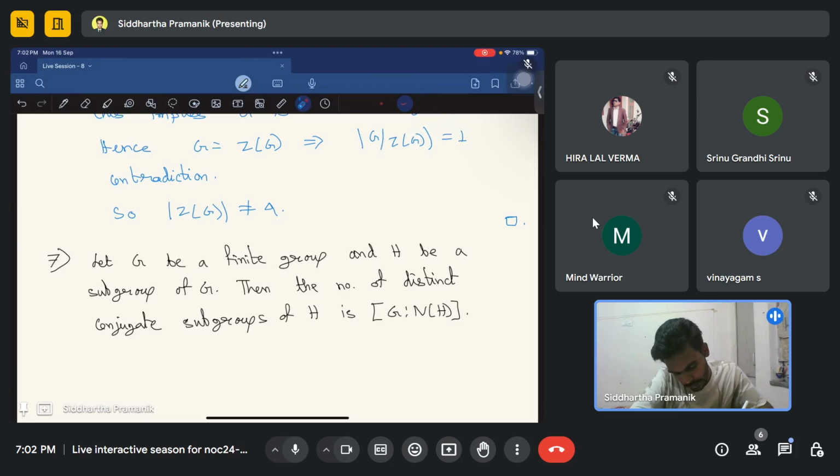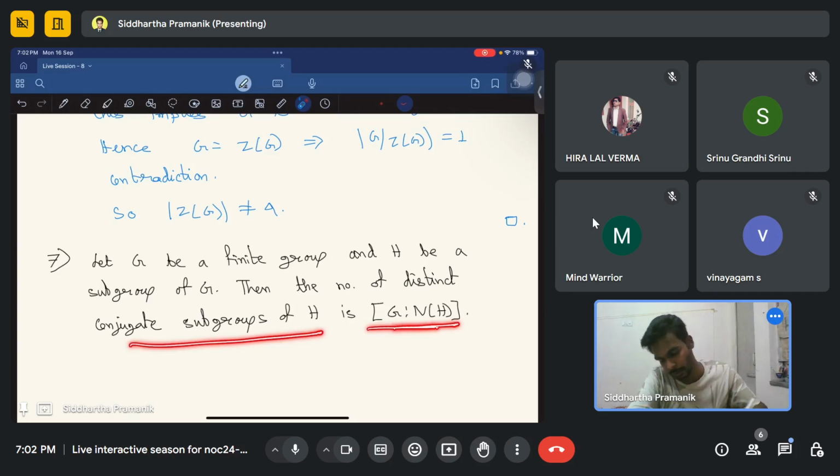The number of conjugate subgroups of H is equal to the index of NH in G. So let's prove this.